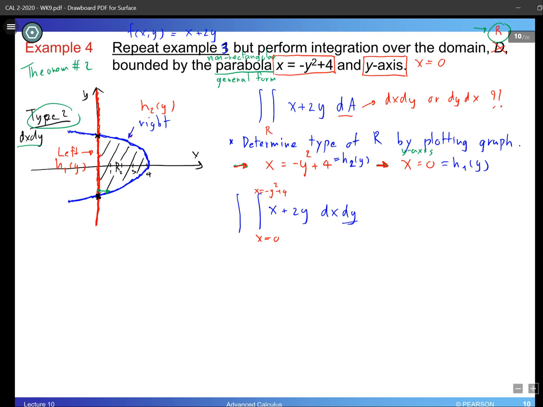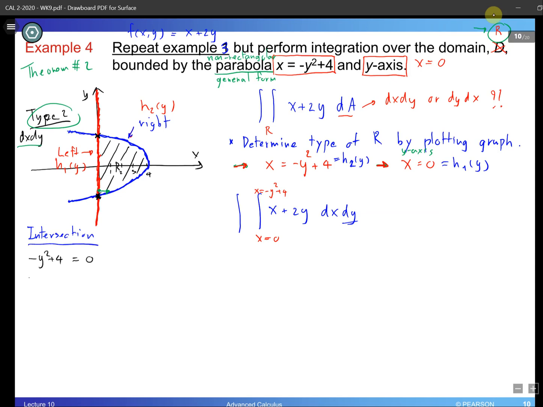Let's find the intersection between the two curves. The first one is x equal to minus y squared plus 4, and the second one is x equal to 0. All we need to do is solve this equation.